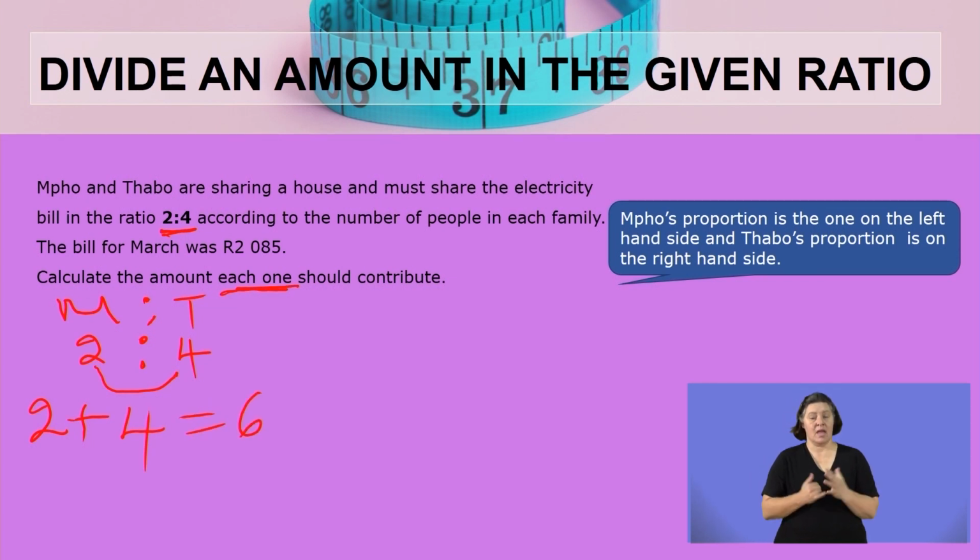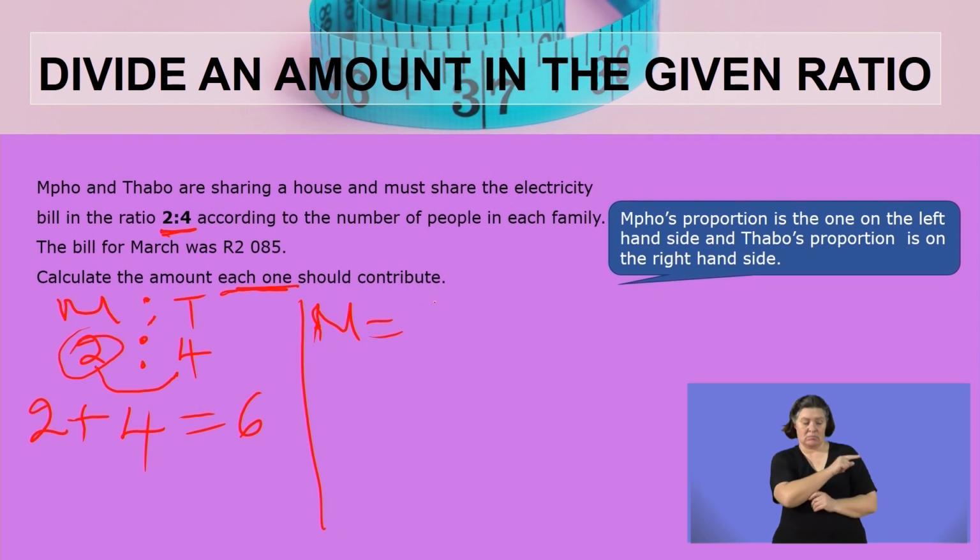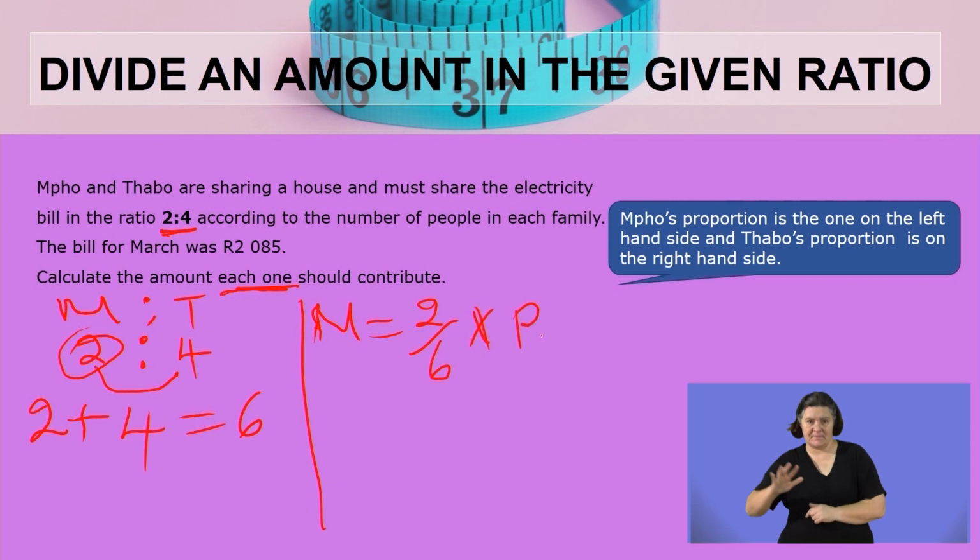Now that we have 6, let us calculate how much Mpho must contribute. Allow me to write M because of the space here. Because Mpho's proportion is 2, we will say 2 divided by 6, which is the sum of the ratios, and then we multiply by 2,085 rand.